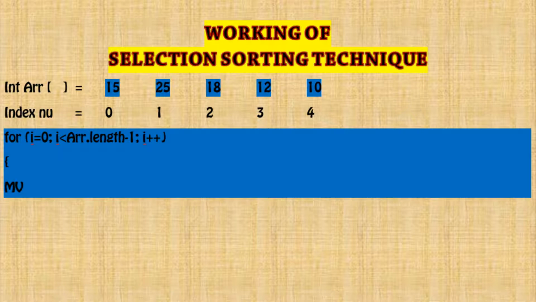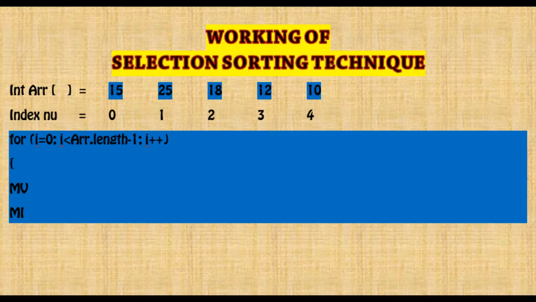So temporarily, to consider the first element as the least element, I should have a variable, that is mv, the minimum value, and an index. For that I will take it as minimum index. So that is the index which has the minimum value.